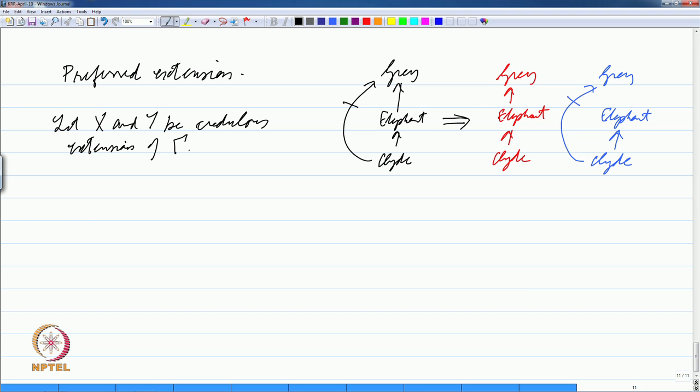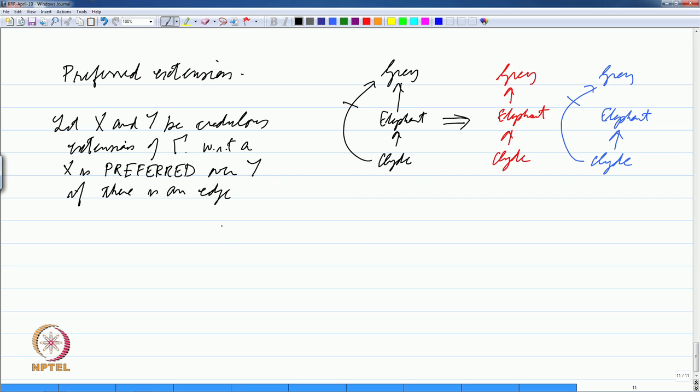We say that x is preferred over y, it is a preferred extension, if there is, I keep forgetting to write, that these are all with respect to some individual A.